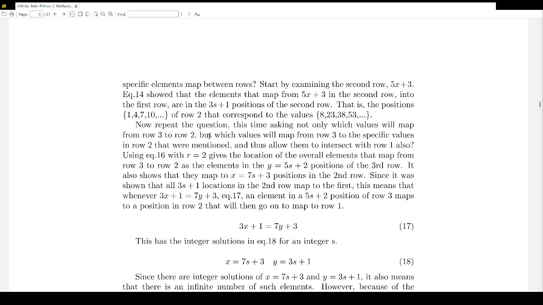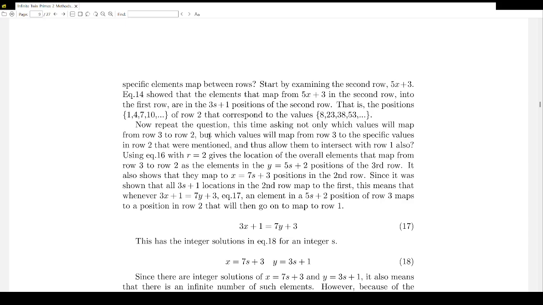Now repeat that question, only this time asking not only which values will map from row 3 to row 2, but which of those values will map from row 3 to the specific values in row 2 that were just mentioned, and thus allow them to also intersect with row 1. So again, we're trying to extend this to 3 adjacent rows and not just 2.